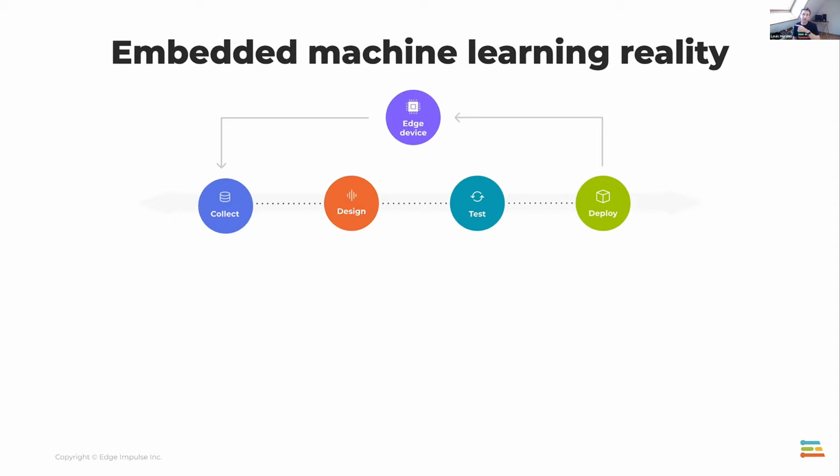So we need to go through a loop. We need to collect some data. We need to design our machine learning model, including digital signal processing. I'm going to come back to that in a minute. Once we've got our model, we need to test it to make sure it will work, not only on test data, but also in the field. We need to deploy, and then we do that over and over again.